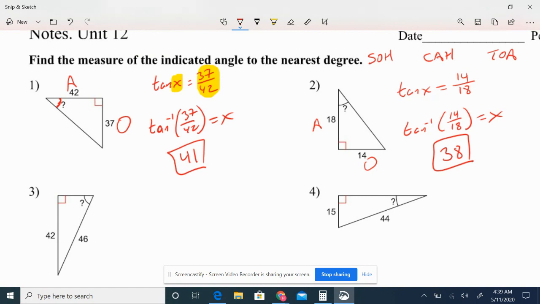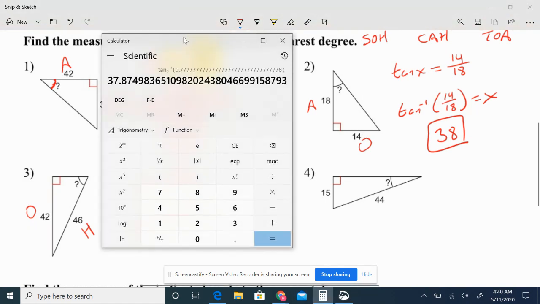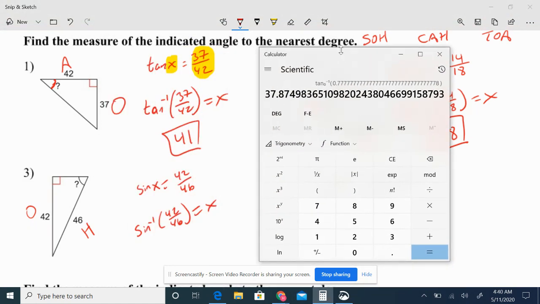Okay, so in question number 3, let's see what I have. I have the opposite and I have the hypotenuse. From SOHCAHTOA, O and H, I know I'm dealing with sine. So I'm just going to call this sine of x is equal to 42 over 46. So that means that sine inverse of 42 over 46 is equal to x. Let me figure that out. In my case, I had to do the fraction first.